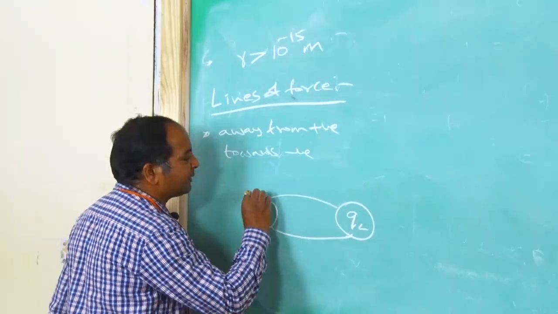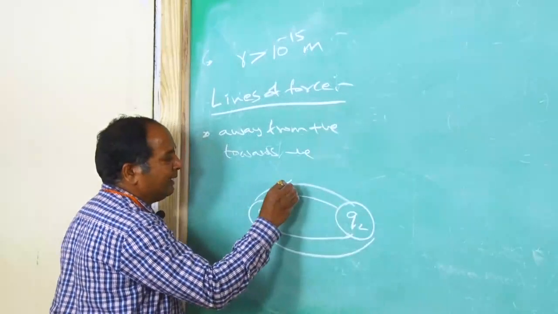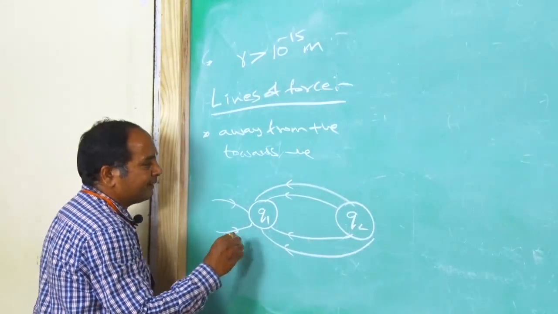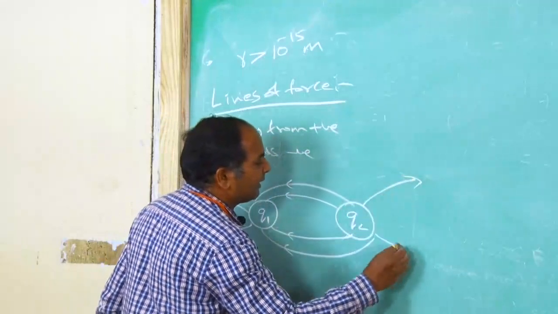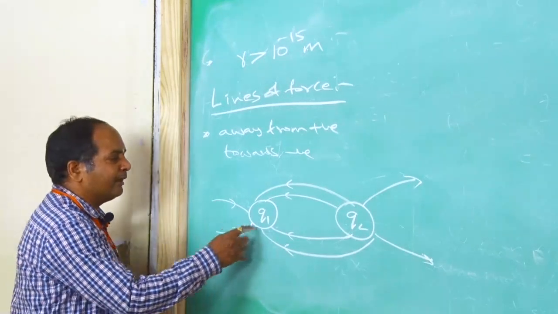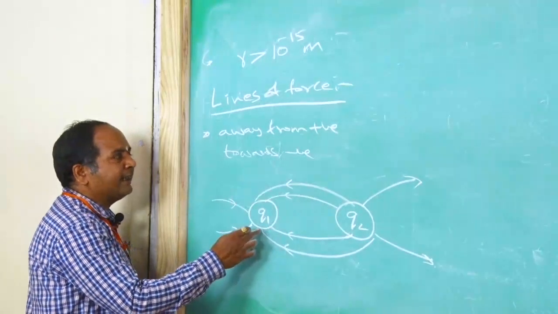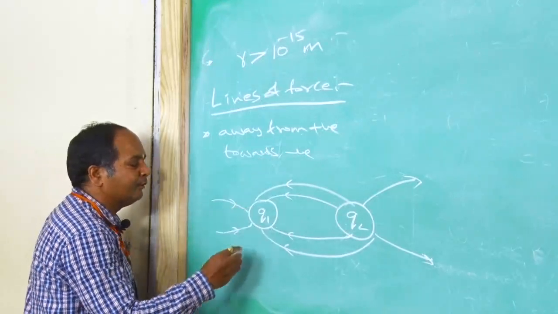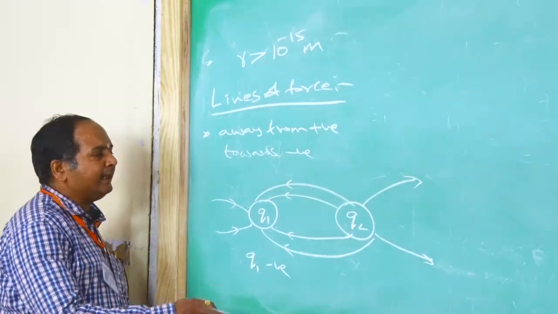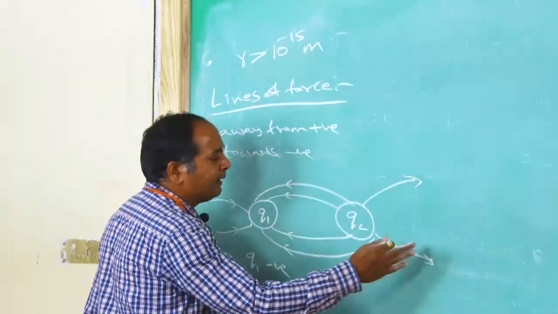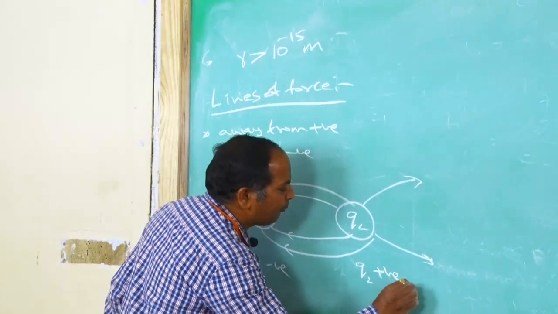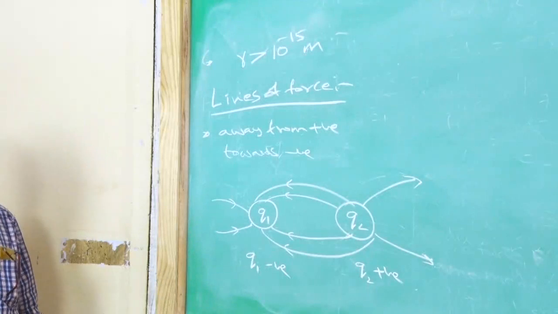Now the lines of force are entering into Q1, that means towards Q1, so Q1 should be a negative charge. Similarly, here the lines of force are moving away, so Q2 should be a positive charge. Like this we should remember.